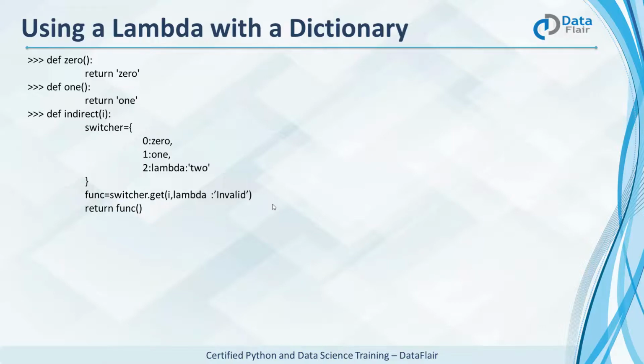We make a call to the get method on this and pass the integer and a lambda expression to it. We store this call in the variable func and then return a call to it so the lambda for invalid can be called. Now indirect of 4 is invalid, indirect of 2 is 2, indirect of 1 is 1, and indirect of 0.5 is again invalid.